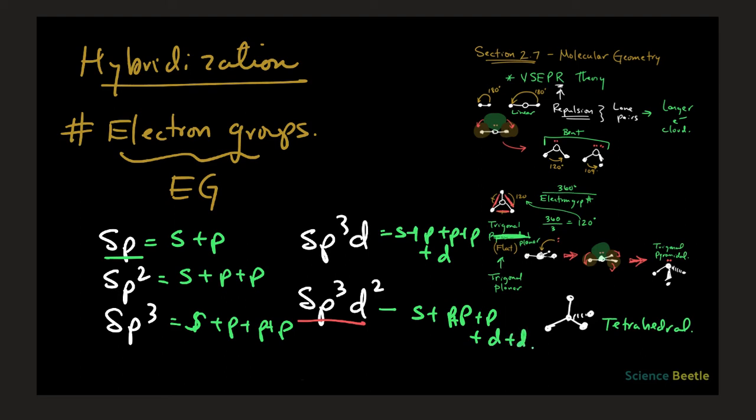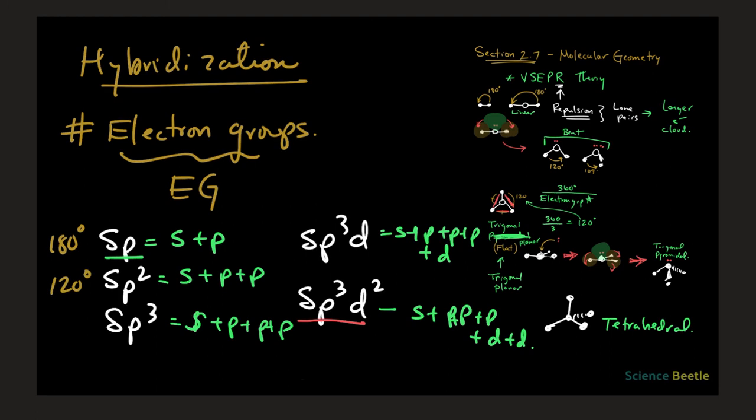Now, why is this important? Because if you count the electron groups, we can actually determine what kind of angles they're going to be. Whenever we look at SP, this essentially is going to be an angle of approximately 180 degrees. SP2 is essentially going to give you 120 degrees.